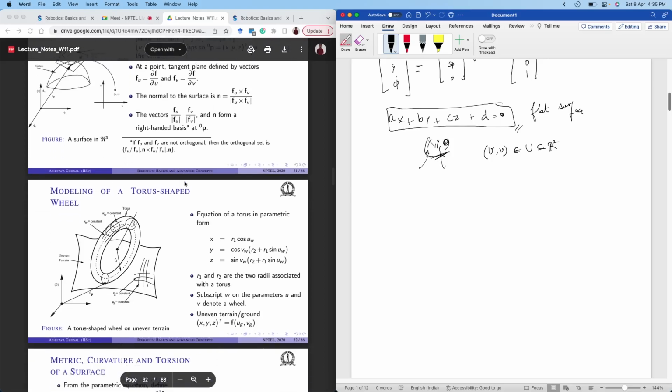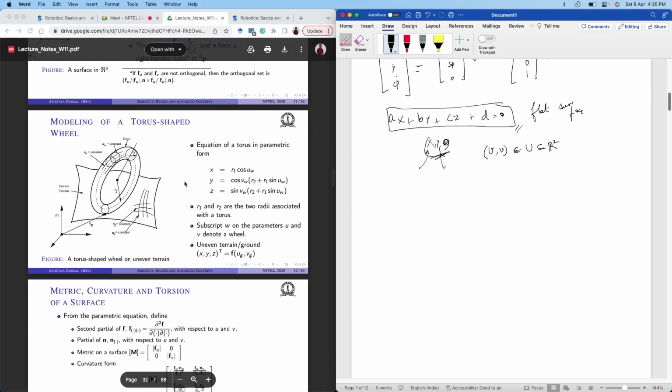And then there is the discussion of modeling a torus-shaped wheel. So essentially, how do you model a torus using the parametric form, and this is the mapping from parametric form to the Cartesian or the 3D form, in Euclidean space.